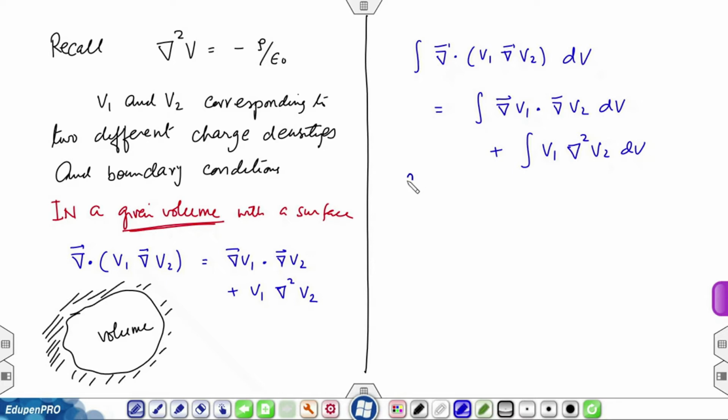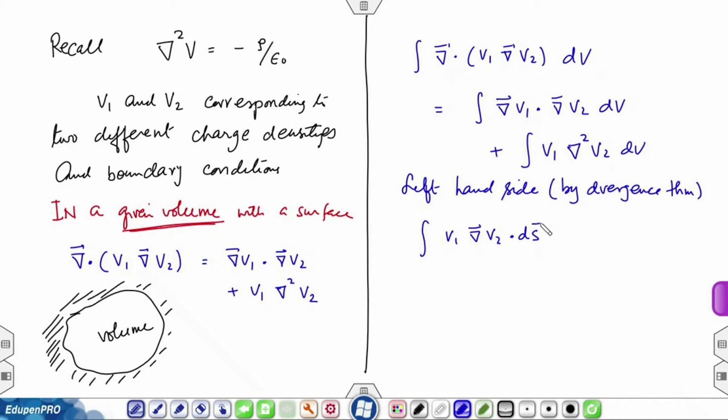So, the left hand side, by the divergence theorem, is going to be the integral of V 1 grad of V 2 dot ds. Now, in this volume, ds is going to be pointing out everywhere.